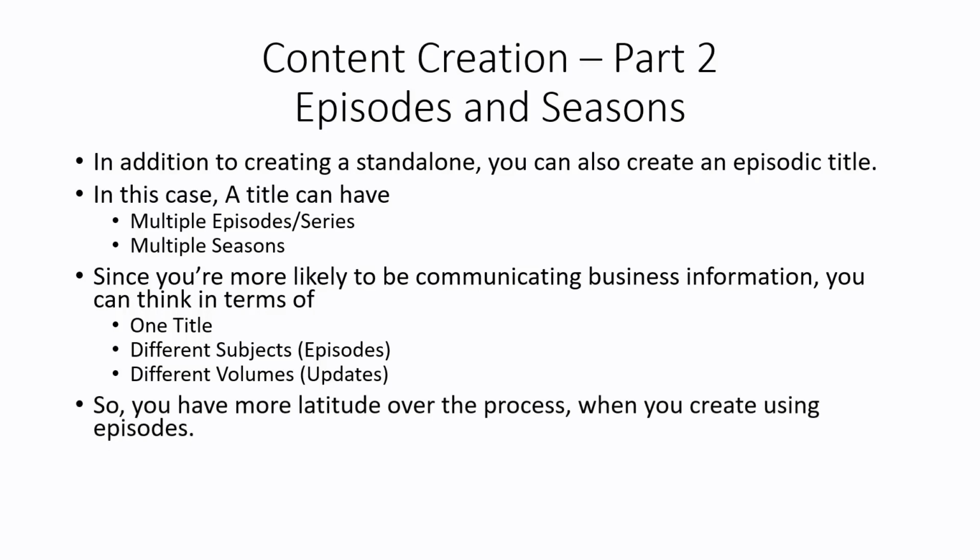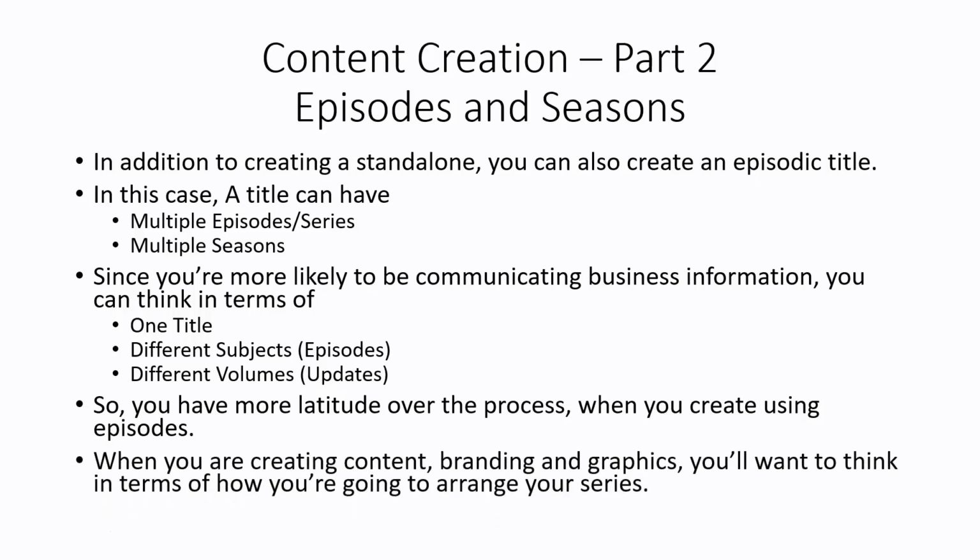So what you have here when you're using the episodes and seasons is more latitude over the process. Now, when you're creating your content and branding your graphics, you want to think of this in terms of how you're going to actually arrange your series when you place it in Amazon Video Direct.